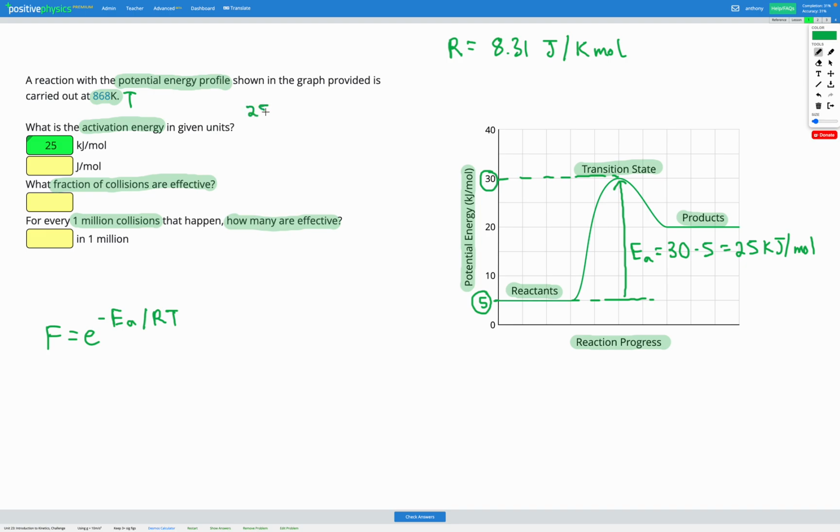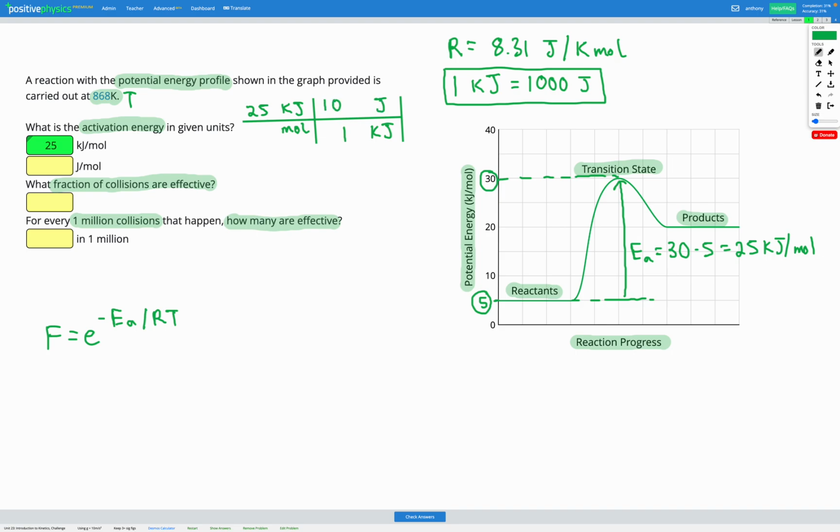We have 25 kilojoules per mole. So let's use dimensional analysis. We need to use our conversion factor for 1 kilojoule. We know kilo means 1,000. So 1 kilojoule equals 1,000 joules. Kilojoules is going to go on the bottom, so it will cancel out with the kilojoules on the top, and we're going into joules.